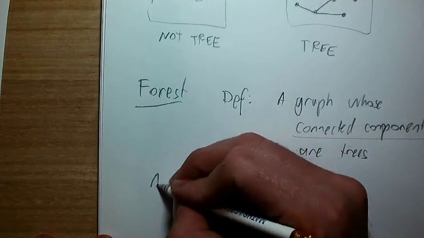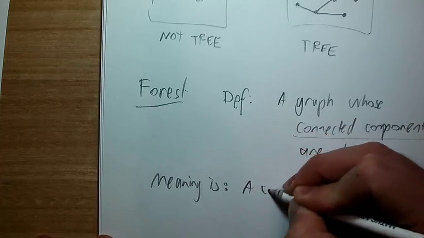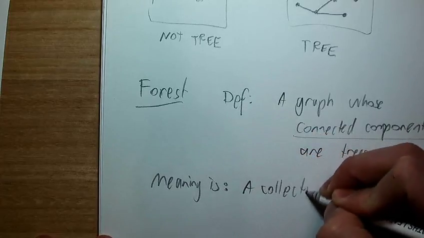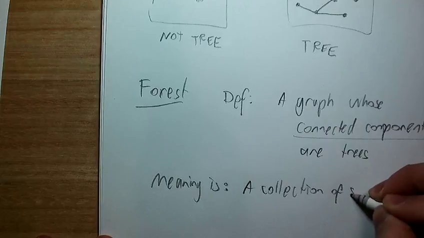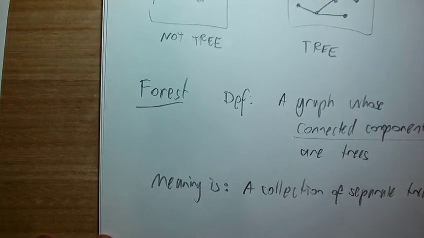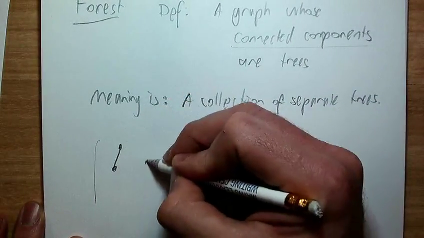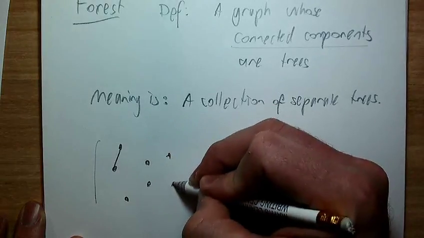So basically the meaning is a collection of separate trees. That's what it is. So an example would be, put some vertices in.